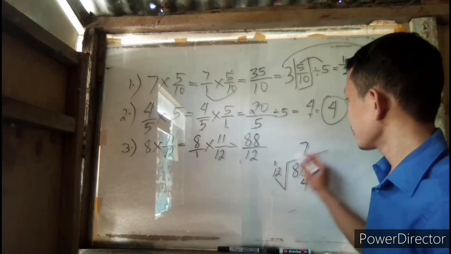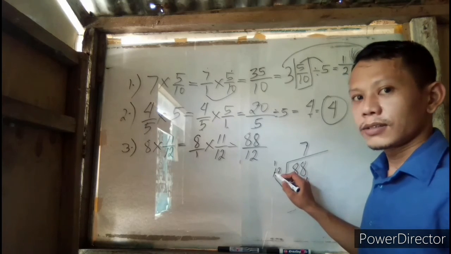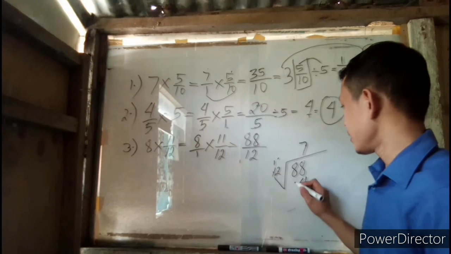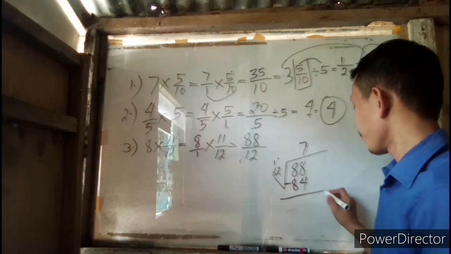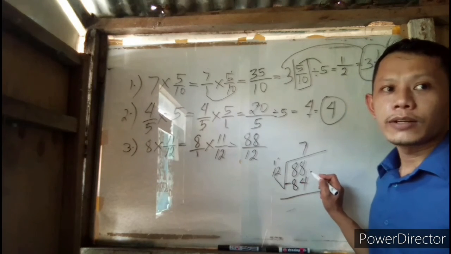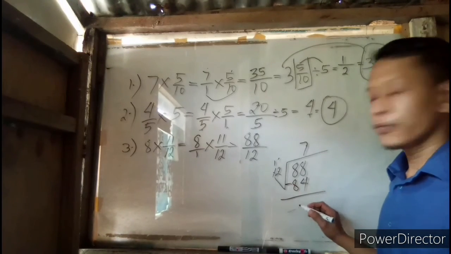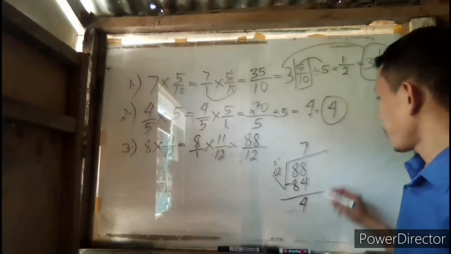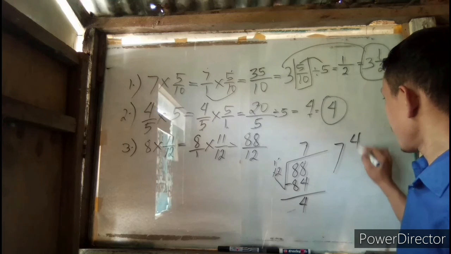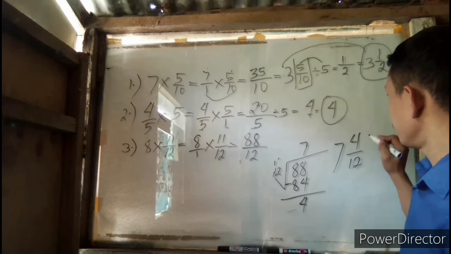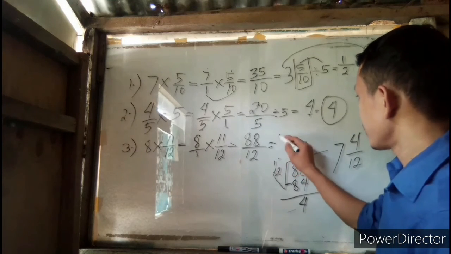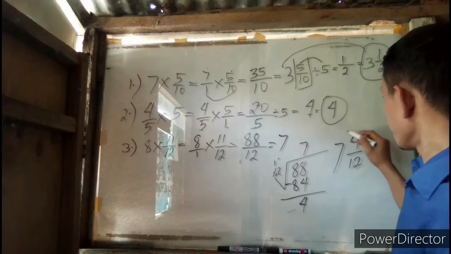Bring 1 here. 7 times 1, 7 plus 1, 8. So therefore 84. So 88 minus 84 is equal to 4. So we have 7 and 4 over 12.